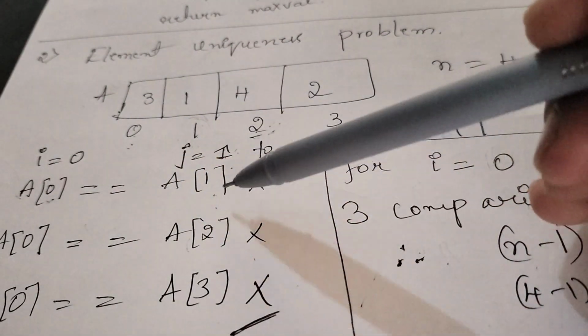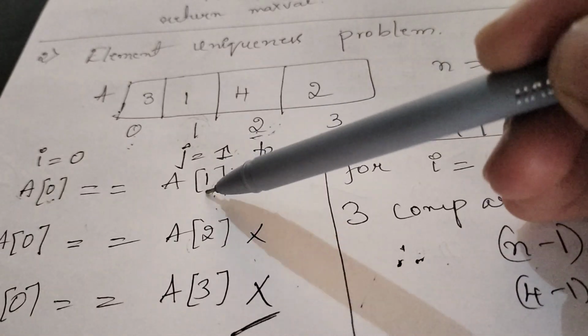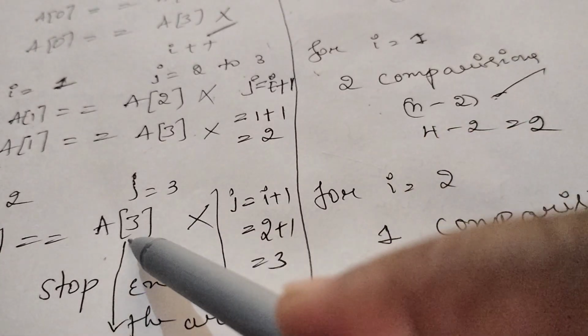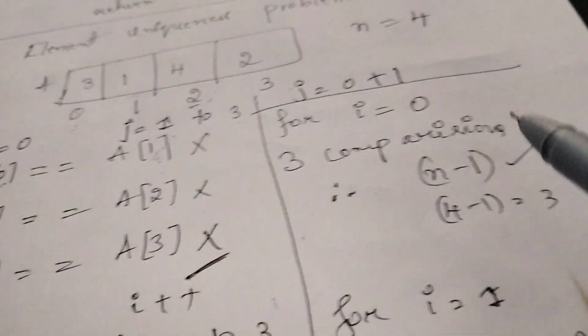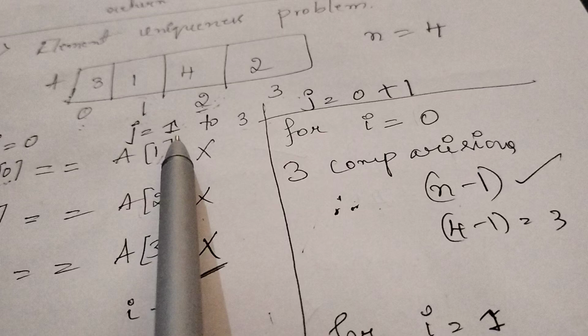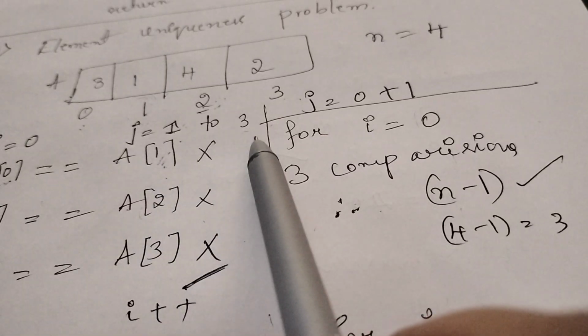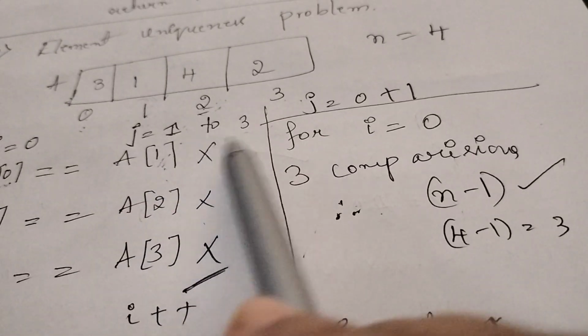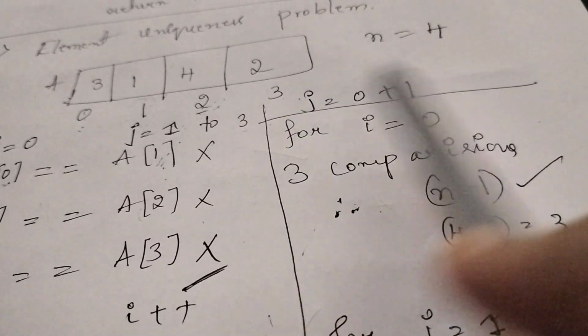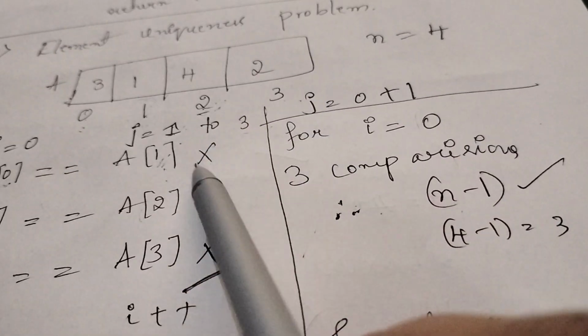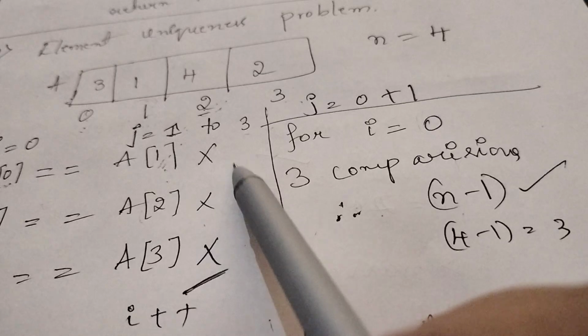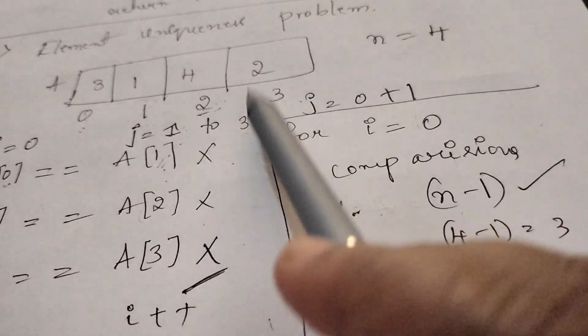That's why the j loop starts with 1 and ends at index value 3. Which means the j loop runs from 1 to 3. 1 to 3 can be written as j from 1 to n minus 1. So we get 3 by writing n minus 1. n is nothing but 4, and 4 minus 1 gives us 3.